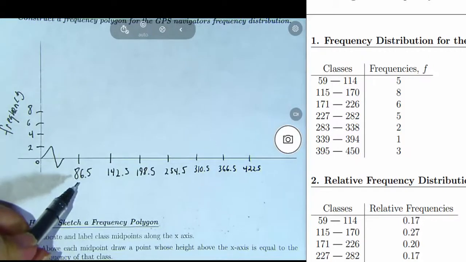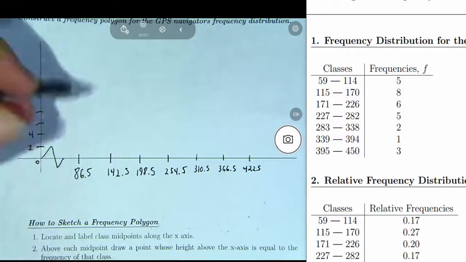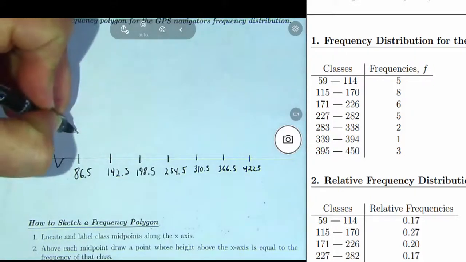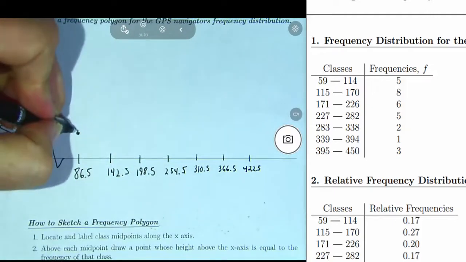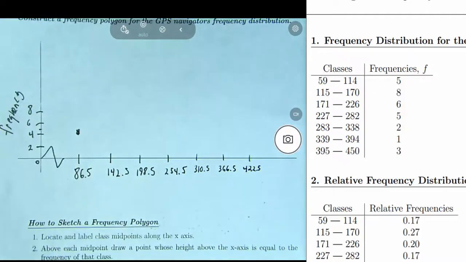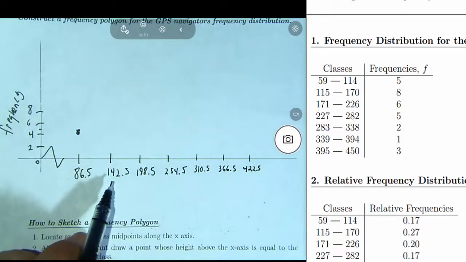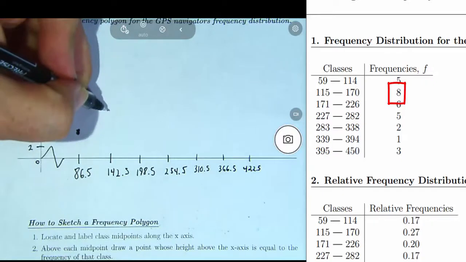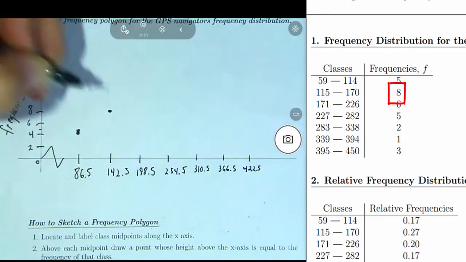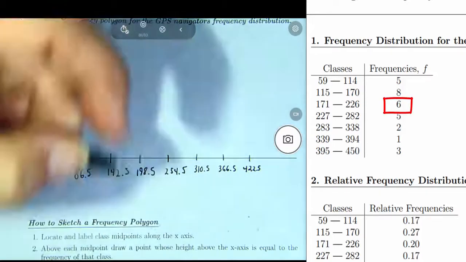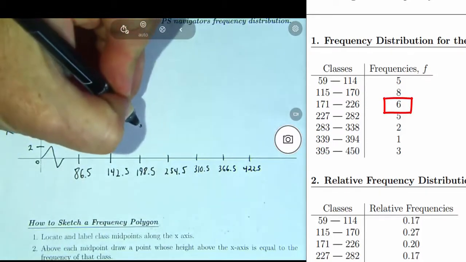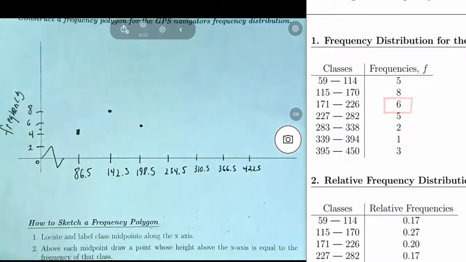The first class midpoint is 86.5. The first class frequency is 5, so above this midpoint I'm going to draw a dot, or an ordered pair, whose height is 5. That should be up there at 5, so about right there. Then above the next midpoint I'm going to draw a dot whose height is 8. Above the next midpoint I'm going to put a dot whose height is 6.